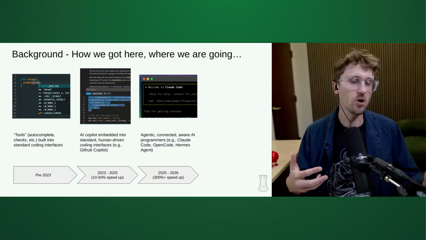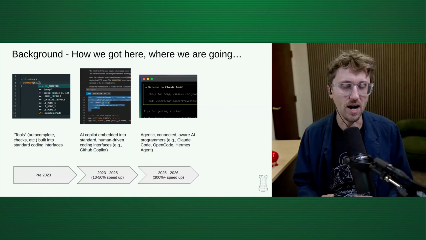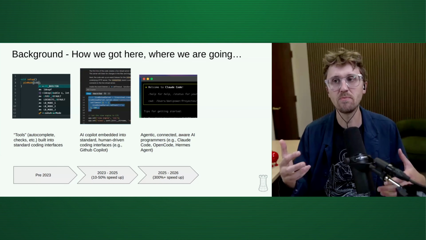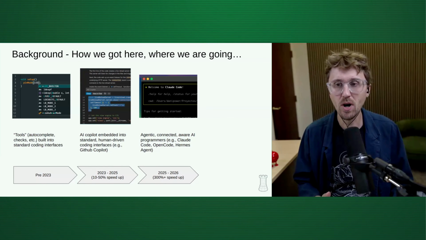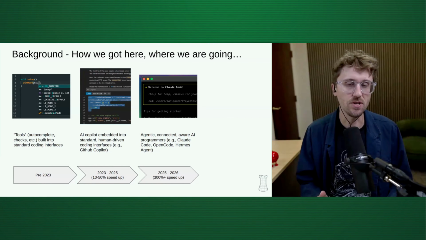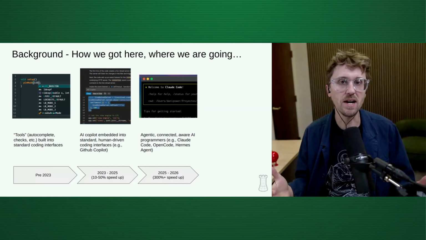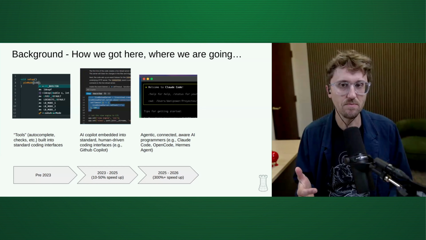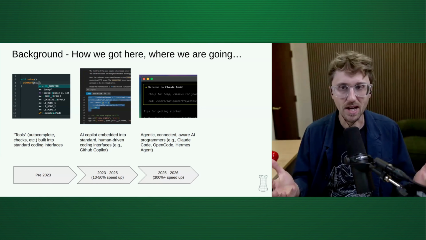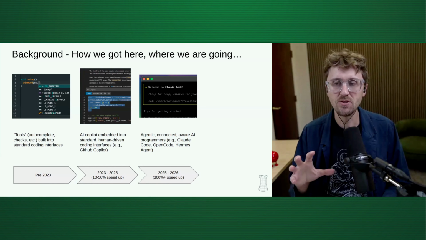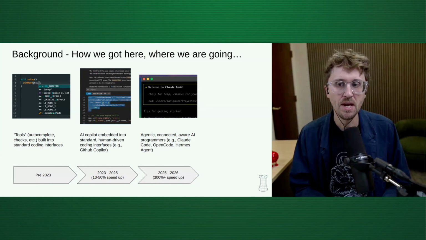And you could have a bit more of a back and forth directly in your IDE with the AI Copilot that would help you do these tasks. And there was definitely a benefit there. You could see on the order of a 10 to 50% speed up in your tasks by writing unit tests with these things or generating doc strings, like I mentioned. And these are very, very useful.